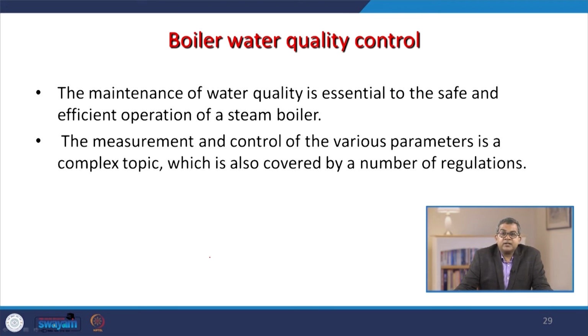The measurement and control of the various parameters is a very complex topic, and it is also covered by a number of regulations, because you cannot discharge the condensate as such, because it carries heat value as well as a significant quantity. And for proper efficient operation, you need demineralized or deionized water as well.